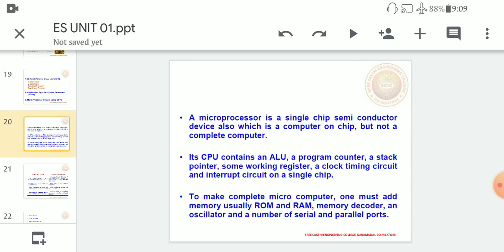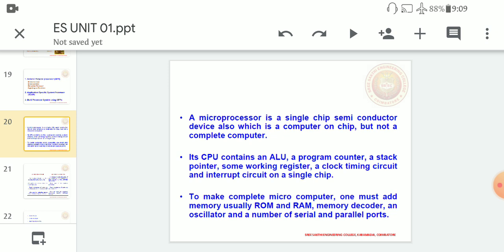So what is meant by a microprocessor, what does the microprocessor contain, and how is this microprocessor connected to RAM and ROM, that is, memory units. Memory units play a major role. Depending on the memory units, we have a classification. For example, 2 GB RAM in cell phones, 3 GB RAM in phones and 4 GB RAM in phones.